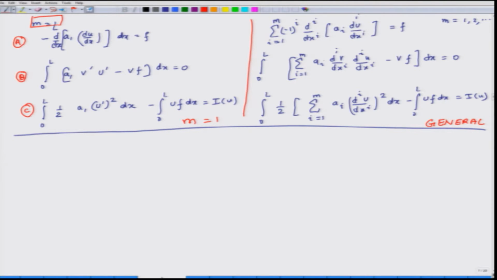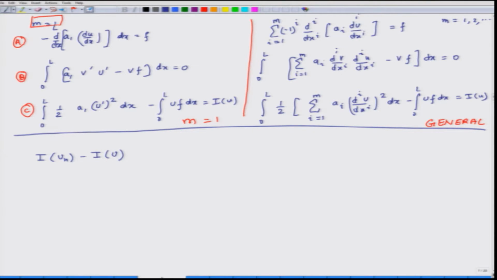And we know that I represents, in this case, the energy. So, let us find out what is the difference in energy. I of u h minus I of u.